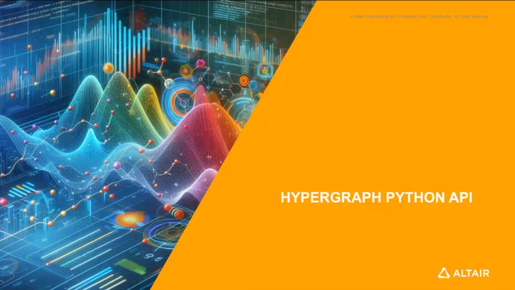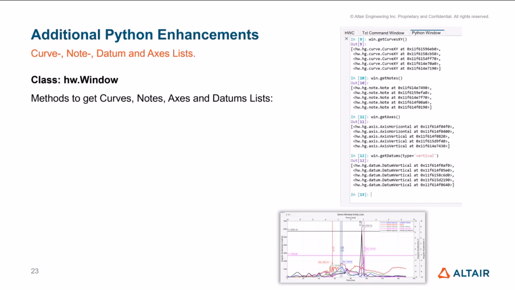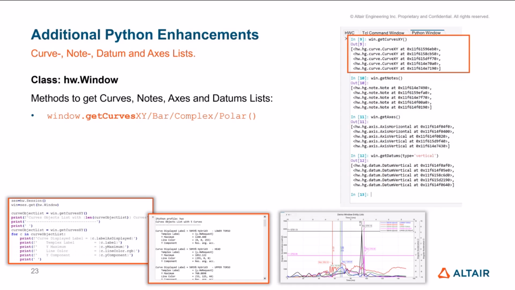For HyperGraph, we have just a minor enhancement, but which is super powerful. So we also can get the node datums and axis lists. So all the entities basically. It's a method on the class of type window of the plot type XY to get all these entities.